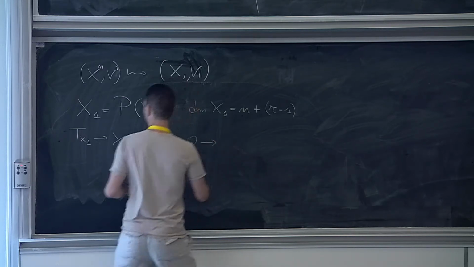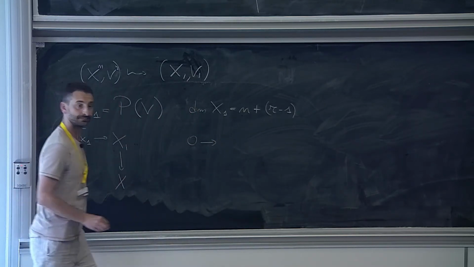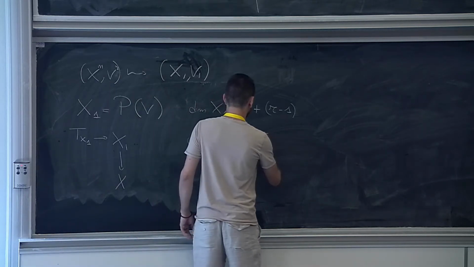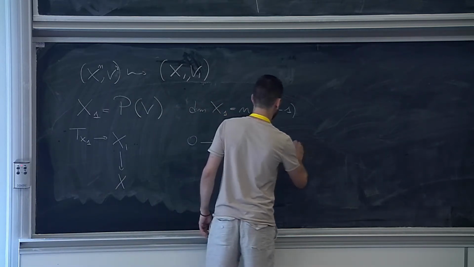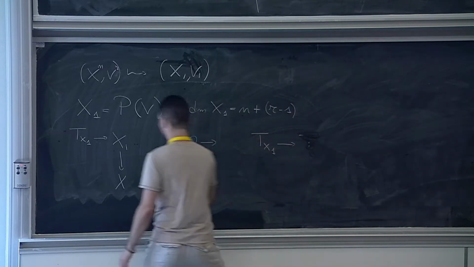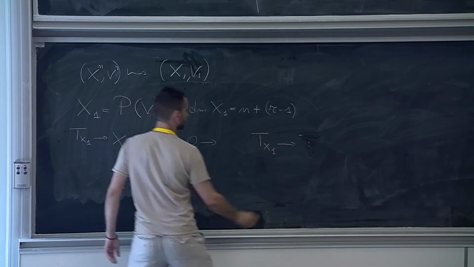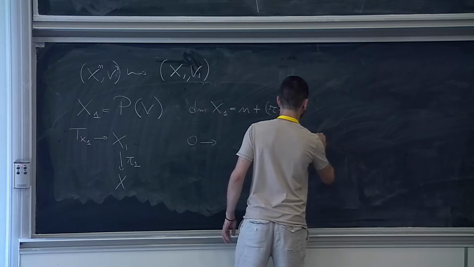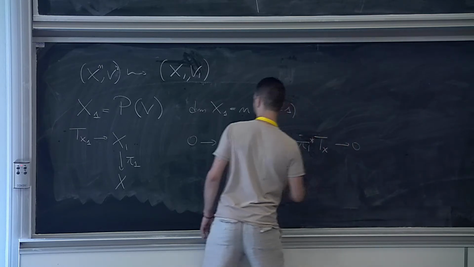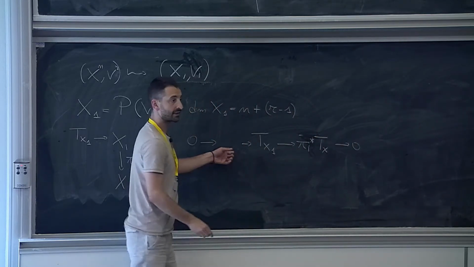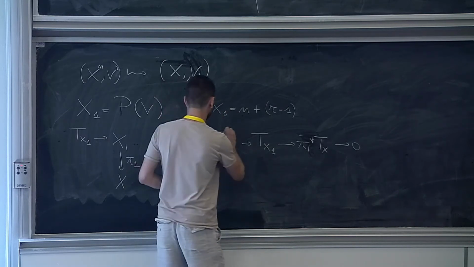You look at the differential map from X1 to X. Let me call this pi 1. So pi 1 star of TX. Okay, so the kernel here is exactly the relative tangent bundle.